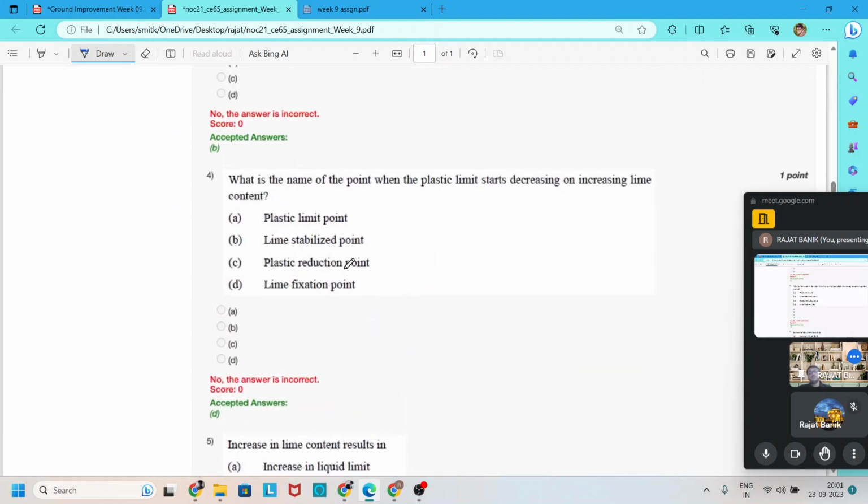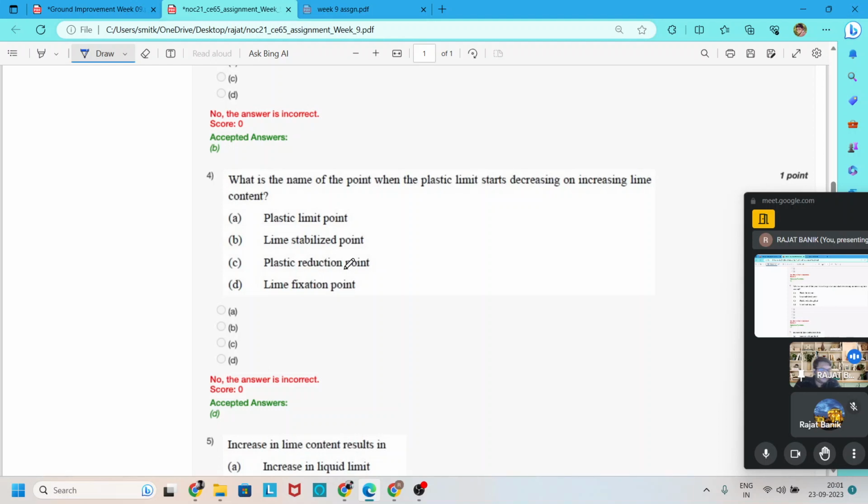Question 4 asks what is the name of the point when the plastic limit starts decreasing on increasing the lime. The correct option is the lime fixation point. We know that when we apply lime, first the plastic limit increases.